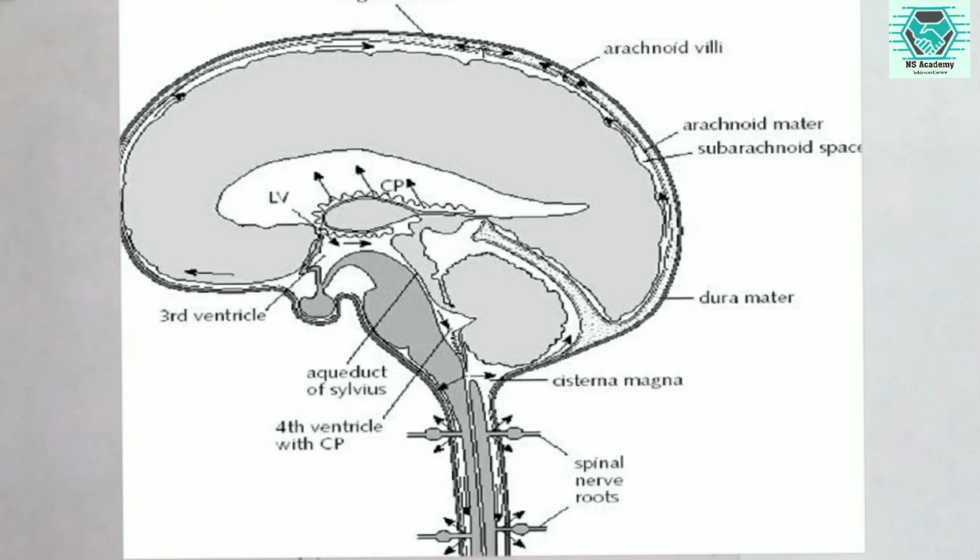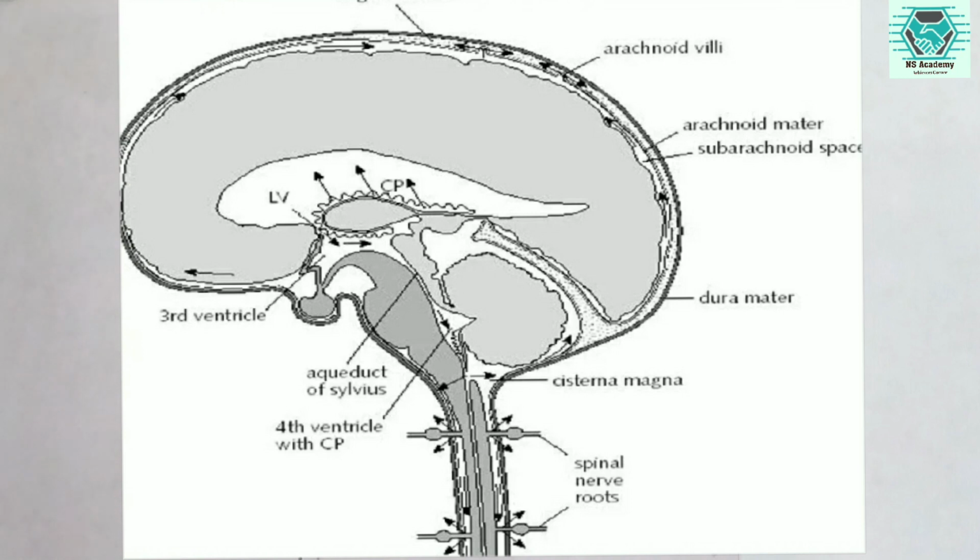In the diagram you can see the ventricles of the brain, the subarachnoid space, the third ventricle, fourth ventricle, then the dura mater, arachnoid villi, etc. From the lateral ventricles, CSF drains into the central third ventricle, and thence through the aqueduct in the midbrain into the fourth ventricle.